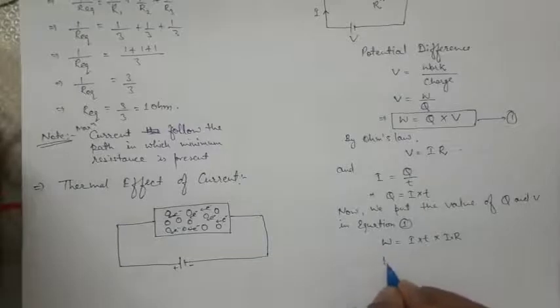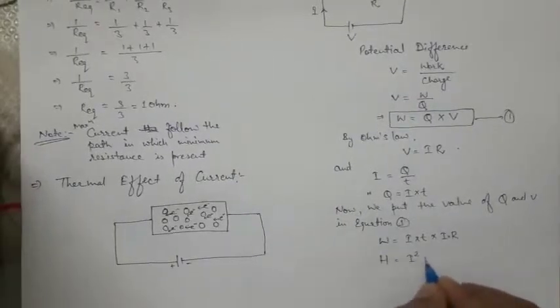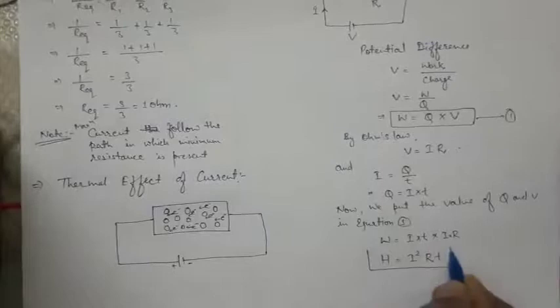So as it is in the form of heat, we write H equals I square into R into T. Okay, it is the formula of thermal effect.